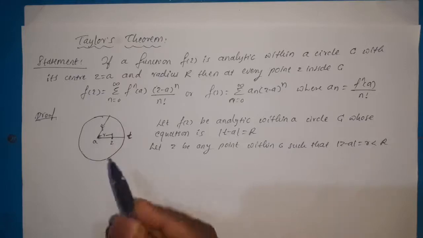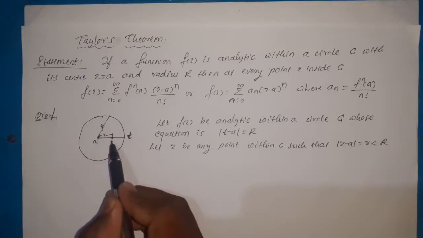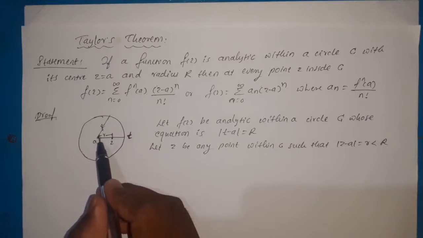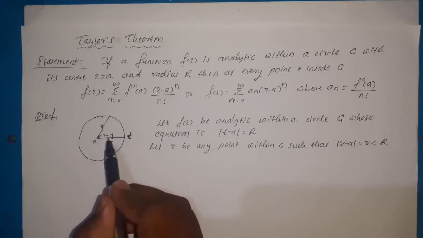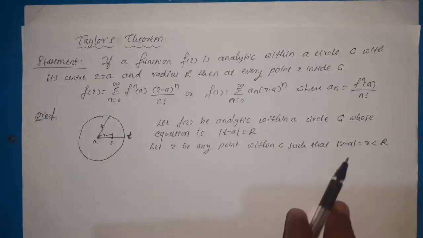Let us consider the distance from the center to the point z is equal to small r. If we consider this r as the radius and a as the center and draw a circle, then its equation is given by mod z minus a is equal to r.